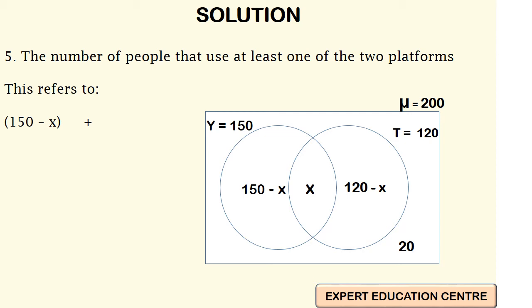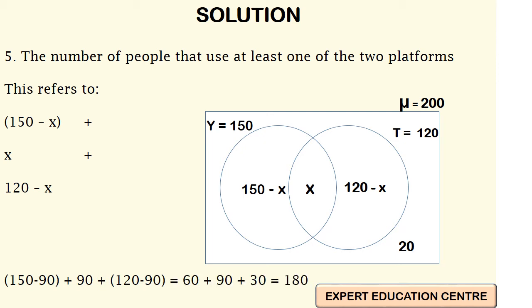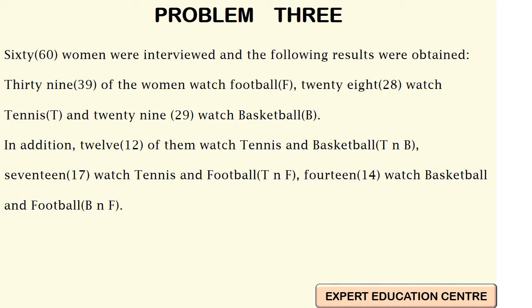We begin with those that use YouTube only, and that's 150 minus X. Then we add those that use both platforms, which is X. And finally, those that use Twitter but not YouTube, which is 120 minus X. If we add up the three, our result will be 180. To our very last problem.